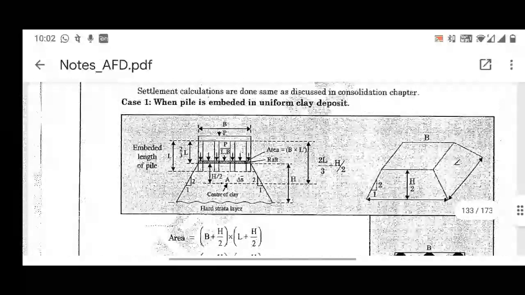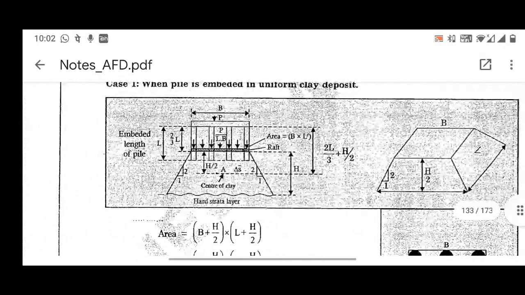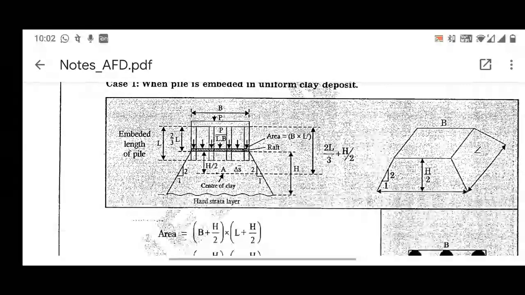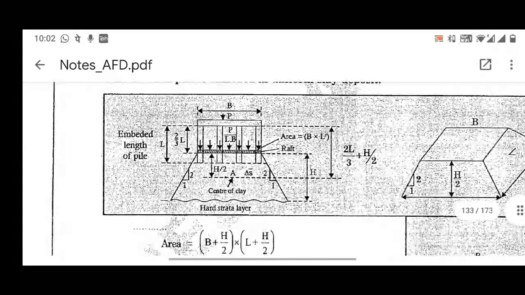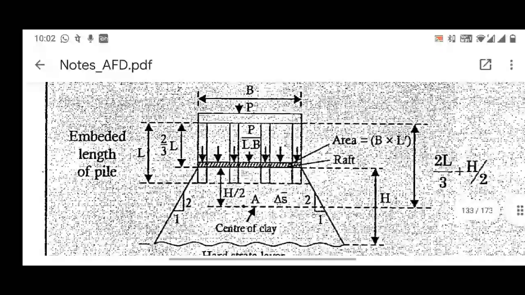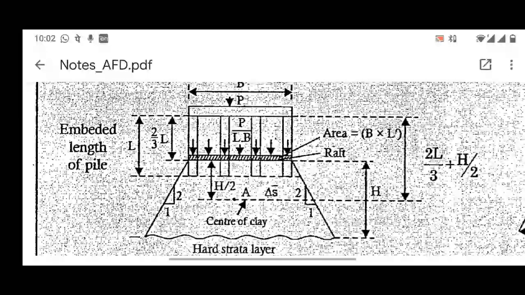Now how will we compute the area of this particular figure? So this is H by 2, that is at the mid of the clay layer, it is easily visible, I hope, the center of the clay layer is there, and H by 2 thickness from the base of two-third L that we are considering. Since we are saying two vertical to one horizontal, one times will be H by 4.